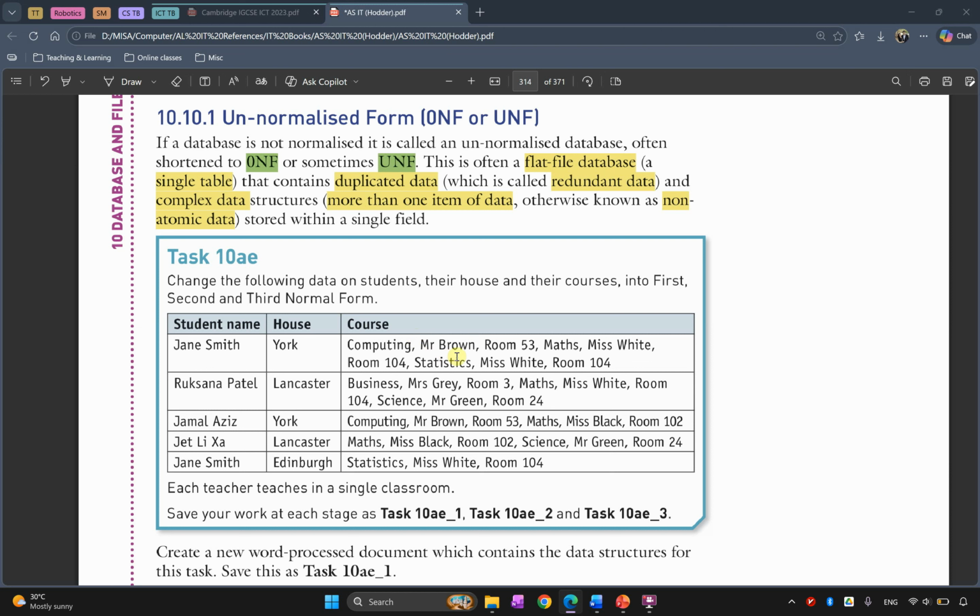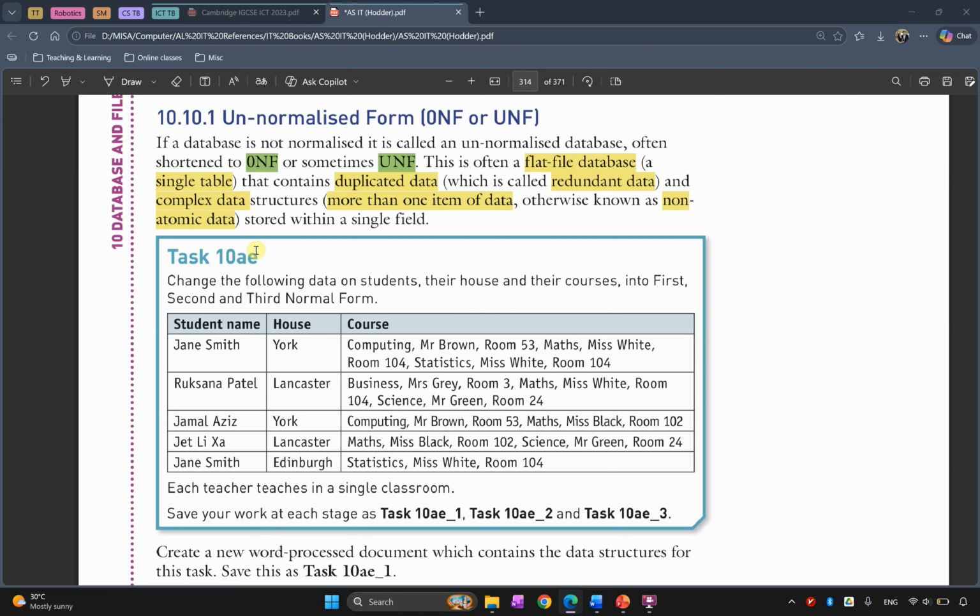Mr. Brown, who could be the instructor, is supposed to be in another separate field. Room 53, so 53 is supposed to be in a separate field, indicating the room where the course is going to take place. So these are some indications of unnormalized form. As you have a look, you should identify these points and you will be able to tell that this is unnormalized form.